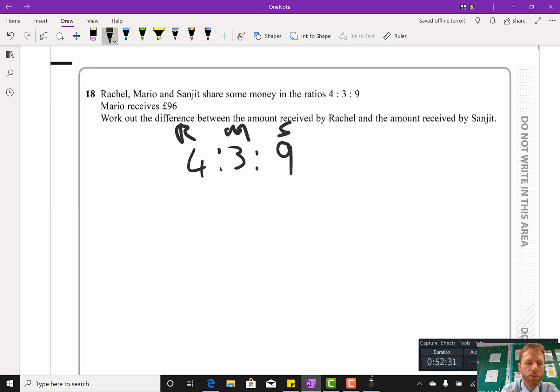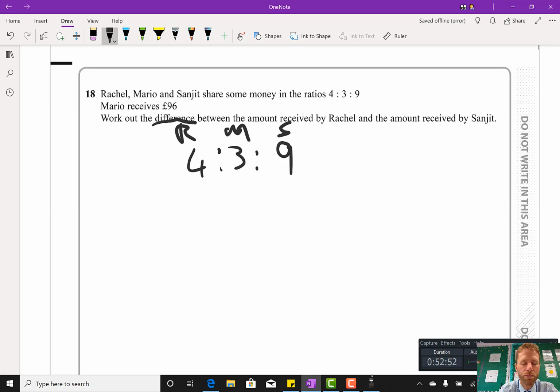Ultimately, I need to do difference. Difference means take away. So as Sanjit's is the largest number, I'm going to be doing the amount Sanjit gets minus the amount Rachel has got. Still need to work it out. I know that Mario receives £96 and that's made up of 3 parts of this money.